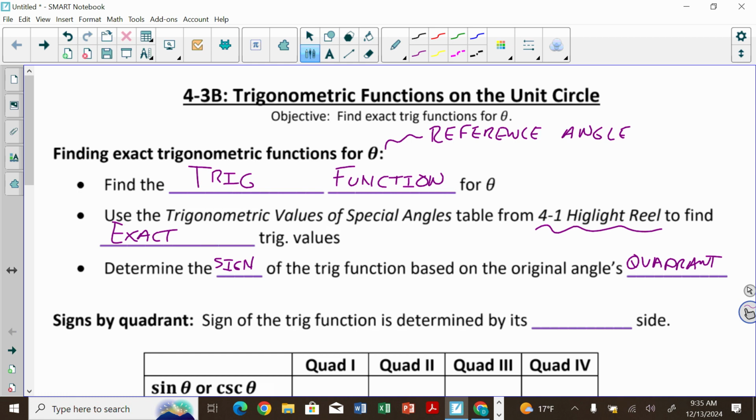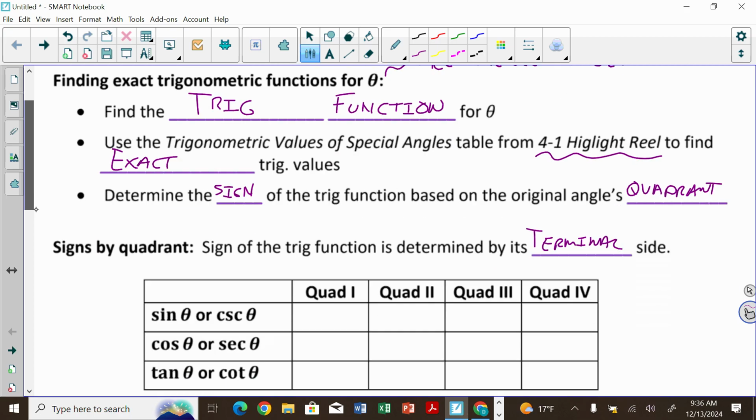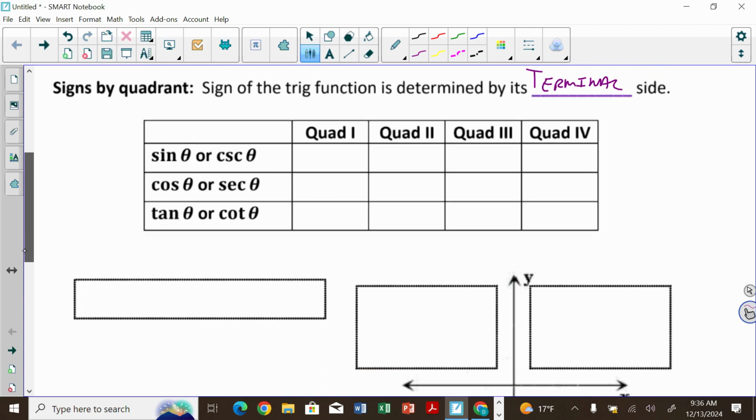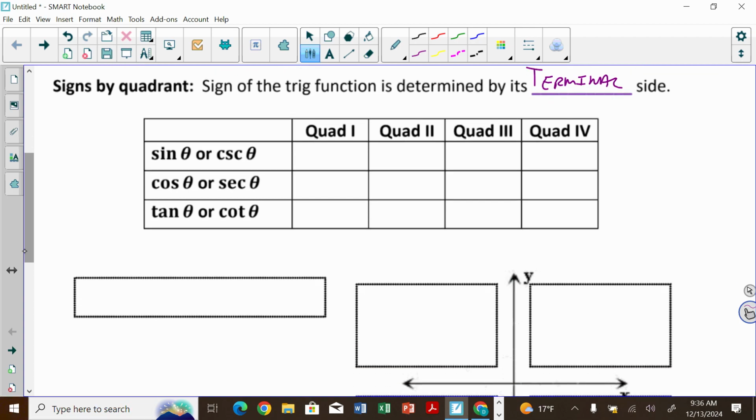The sign of the trig function is determined by its terminal side. We know the initial side is going to be an axis, the x-axis, and so its terminal side, whatever quadrant that lies in, will be the quadrant that we decide.